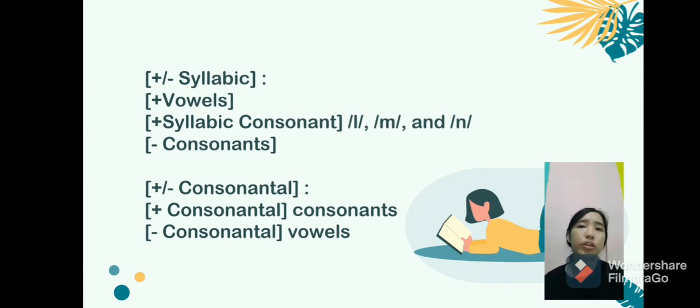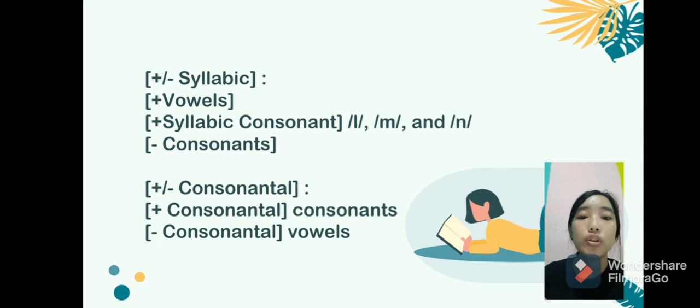How is consonantal made? Consonant sounds are produced with a drastic obstruction along the center line of the vocal tract. It means that one of the active articulators, the lower lip or tongue, obstructs the flow of air at some point in the vocal tract. And non-consonantal sounds are made without such obstruction.